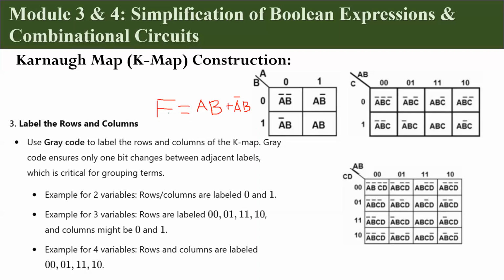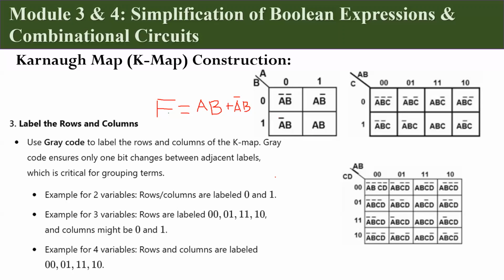If I want to now plot this function in this 2 input K-map, where will I put 1? You can unmute yourself and speak. Let's make this one interactive a bit before we go further. Unmute yourself and speak so that I can be sure I'm not speaking to myself only. So where am I going to put 1 now?